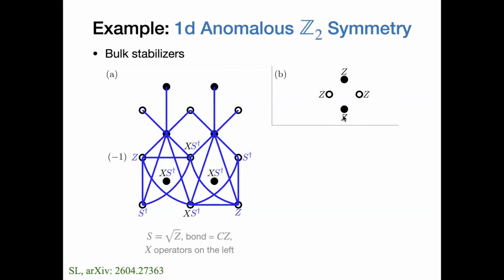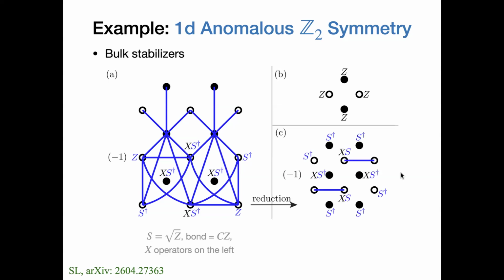Namely, in the ground state subspace, since this stabilizer is equal to 1, you can use this as a relation to simplify this operator, and the result is as follows. In other words, you can describe the ground state of this model either by the stabilizers in A and B or the stabilizers in B and C.